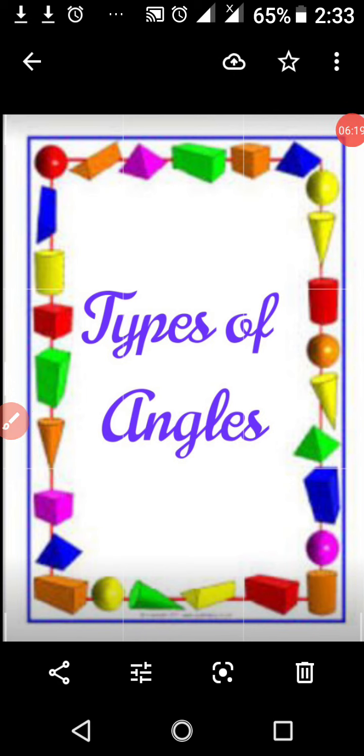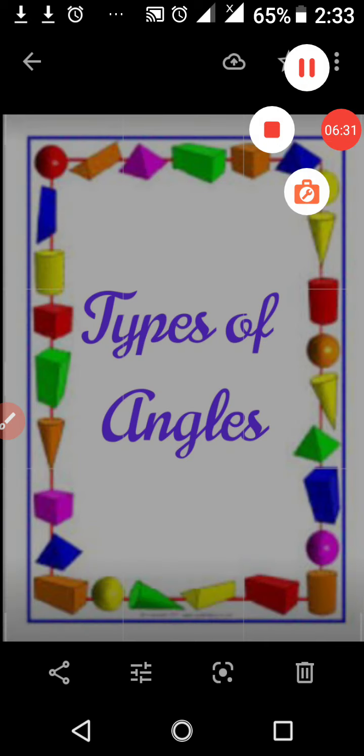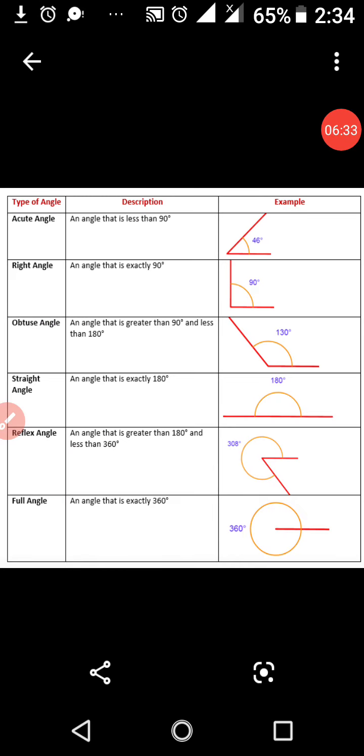Now we will learn types of angles. Already we know the types of angles and the names of the angles. Once again we will learn what are the names and types of the angles. First one is acute angle, an angle whose measure is less than 90 degrees.